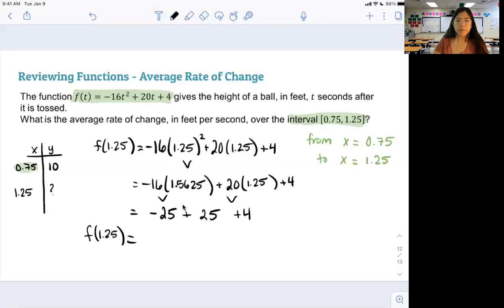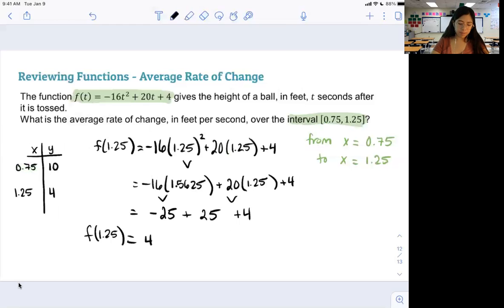And now negative 25 plus 25 gives me 0, and then 0 plus 4, I got 4. So my output is 4. And now I have completed my table.